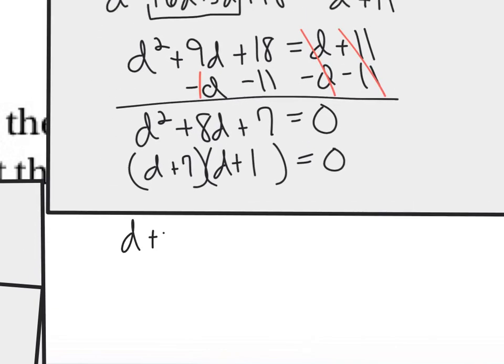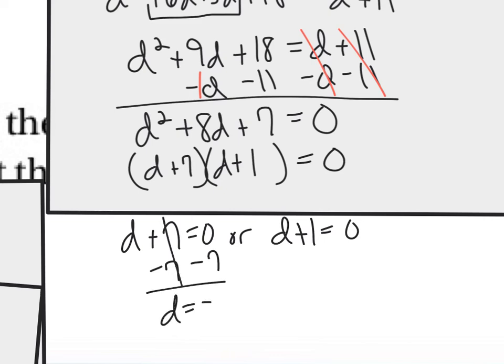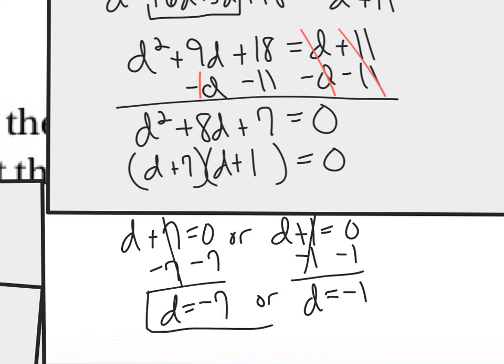And so that means either d plus 7 equals 0 or d plus 1 equals 0. So that would say either d equals negative 7 or d equals negative 1. Once again, it would be good to check those answers just to make sure that they both work. And it ends up that they do, so those would be our solutions for that problem.